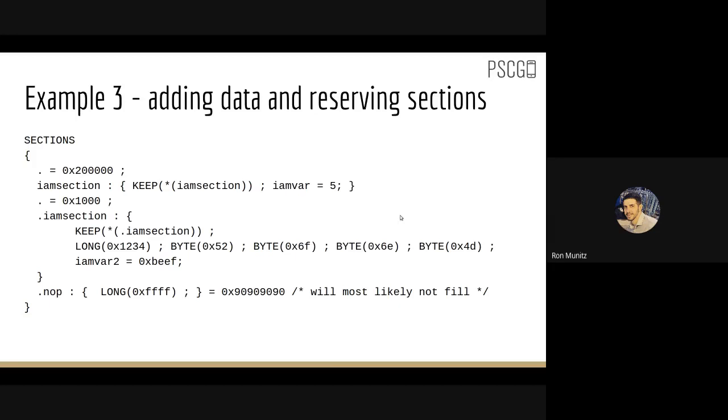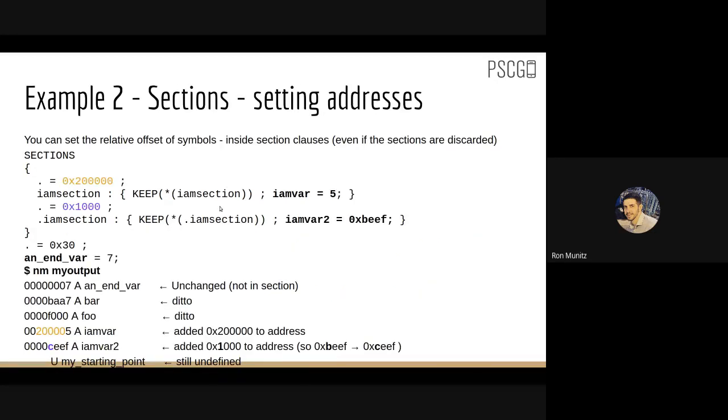The syntax here says there are regular expressions you can use to say of which files, for example, okay? But this says from every file that was given to the linker as an input parameter, if you see there is a section that is called .iamsection, keep it, okay? That's what it says.